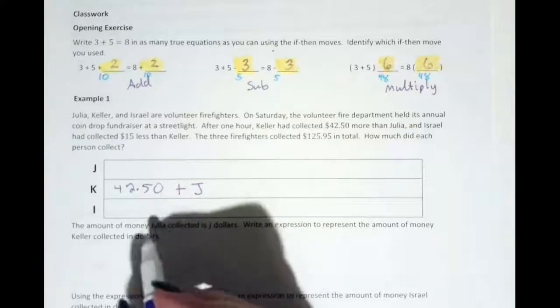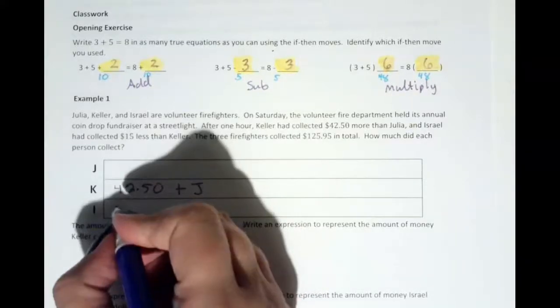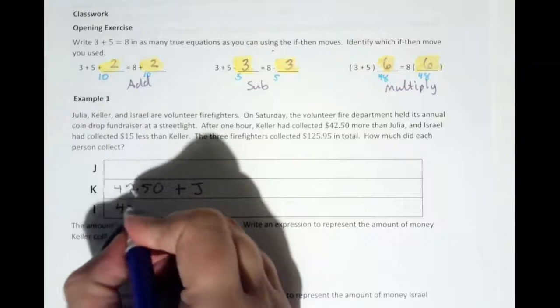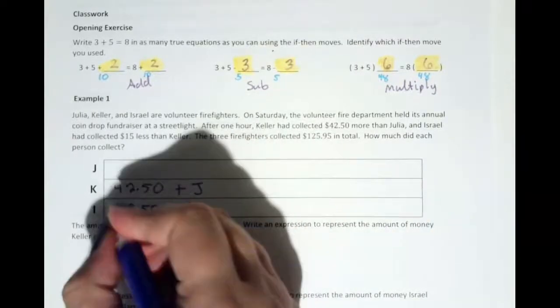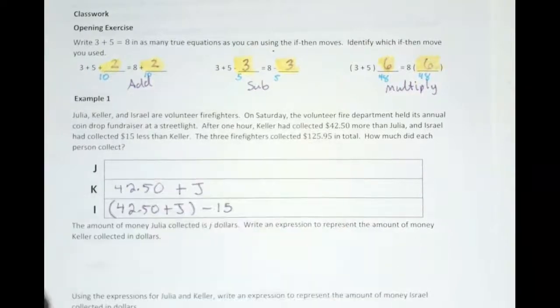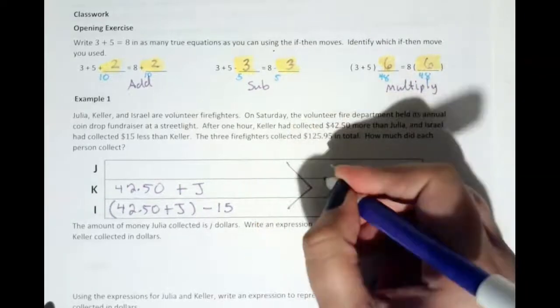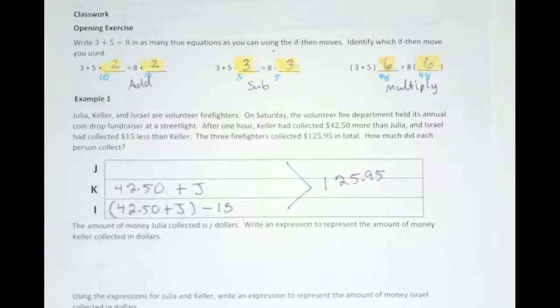Israel had collected $15 less than Keller. So here's Keller's minus $15. The three firefighters collected $125.95 in total. How much did each person collect?